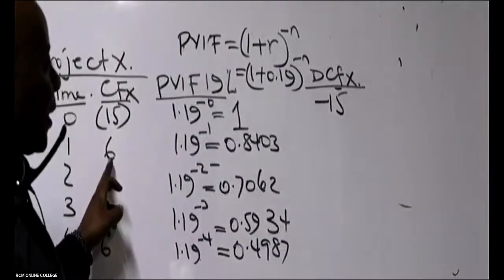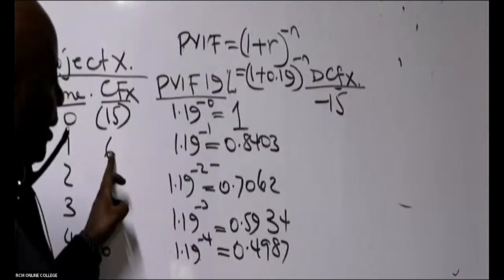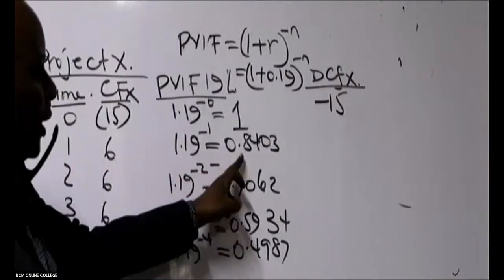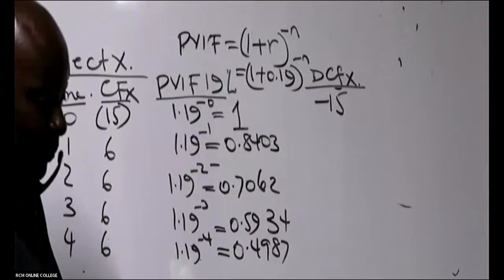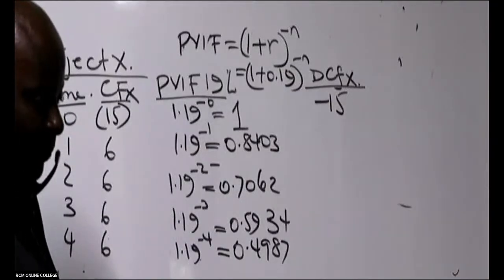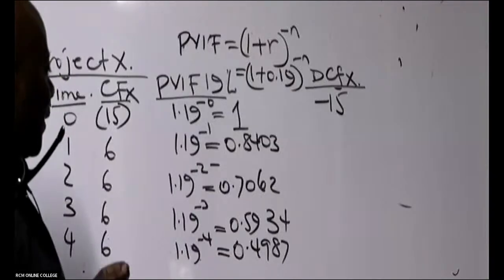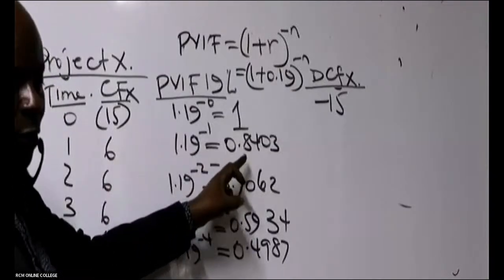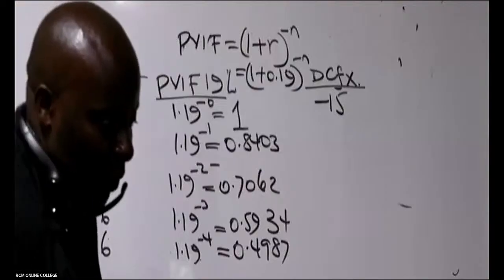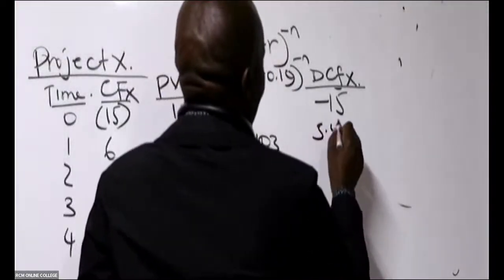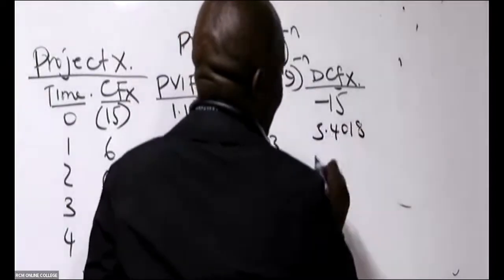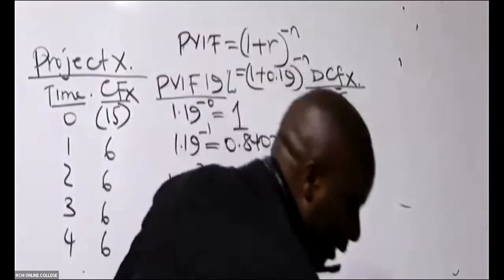Please give me many decimal places. Then 6 times 0.8403 gives us 5.0418.